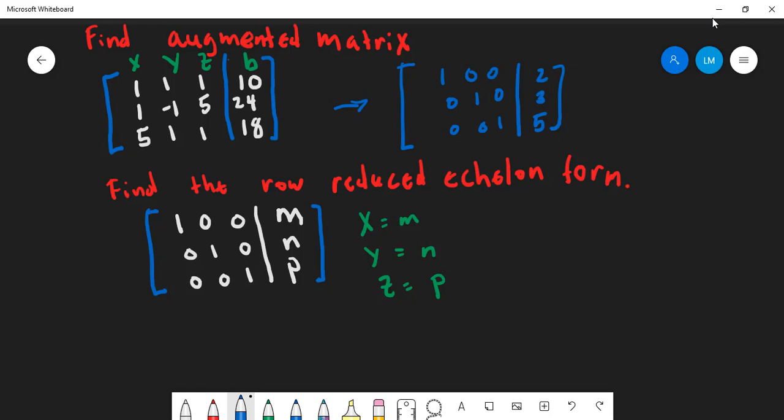Meaning that the solution set would have to be x equals 2, y equals 3, z equals 5. And that would be our solution to that system.